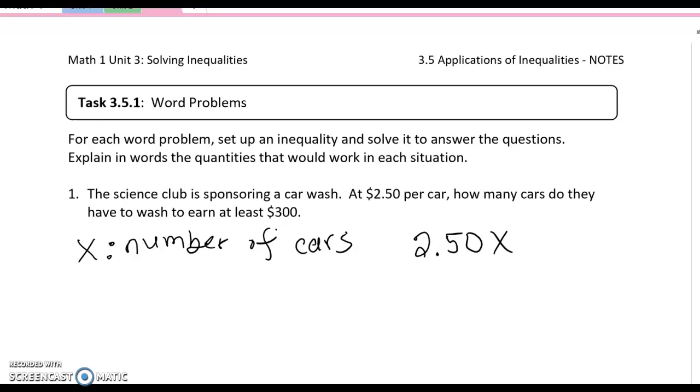Now, because they want to earn at least $300, we're going to put in the inequality. We have greater than or equal to 300. The amount of money they're going to earn, 2.5 times x, we want that to be bigger than or equal to 300.